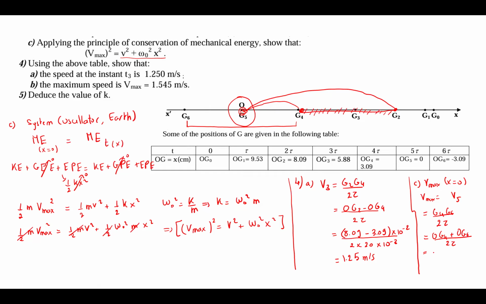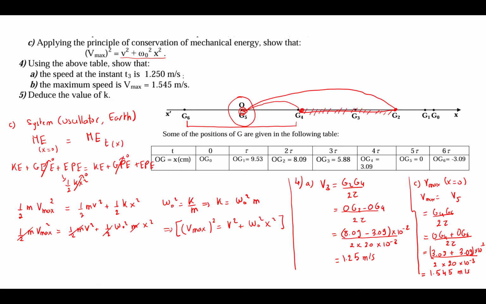So I get OG4, which is 3.09, plus OG6, 3.09. Notice I didn't take the minus because I took the whole distance. Or I can say x4 minus x6, and I will take in this case the negative, but I'll get the same answer. So times 10 to the power -2 over 2 times 20 times 10 to the power -3. So we'll get as answer 1.545 meter per second. So this way we have found v maximum.